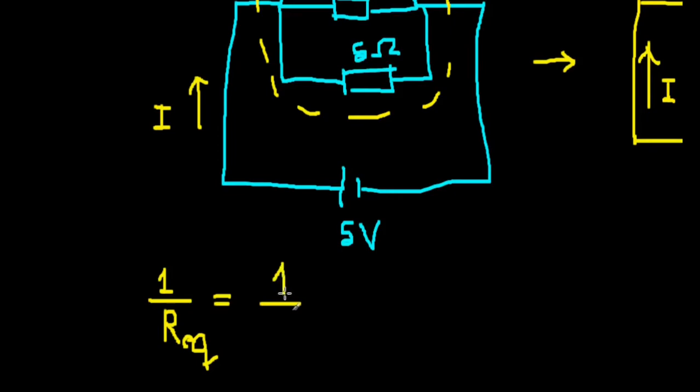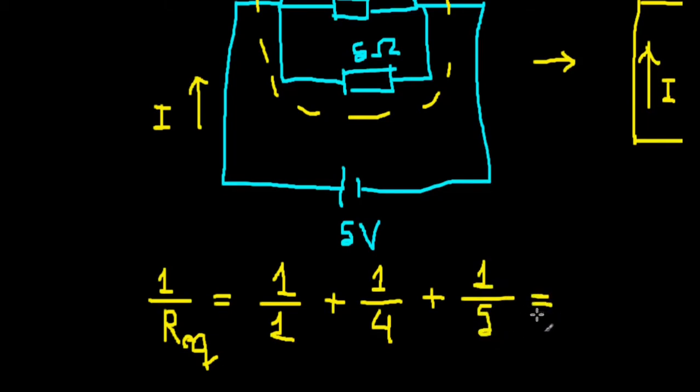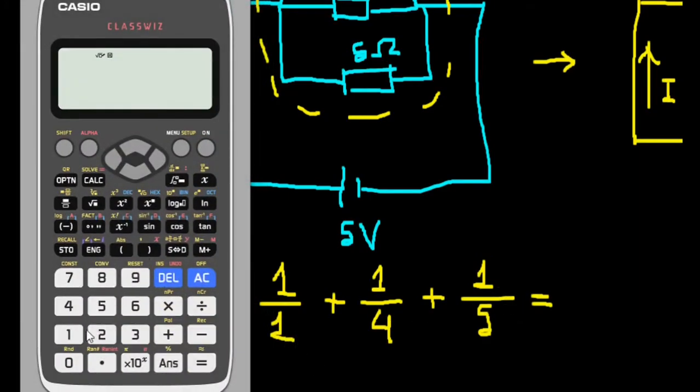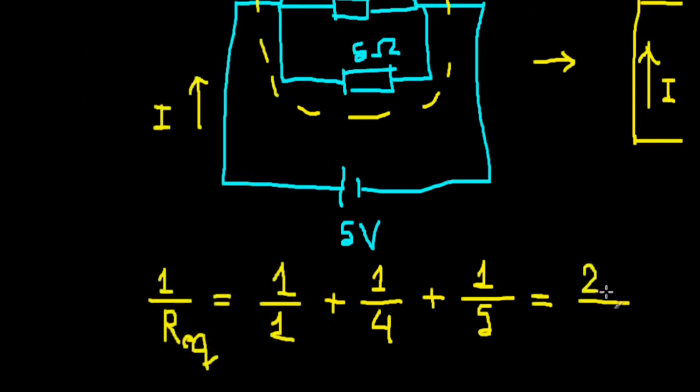So we have 1 by 1 ohm plus 1 by 4 ohms plus 1 by 5 ohms. 1 by 1 is just 1, and 1 by 4 plus 1 by 5 gives you 29 by 20.